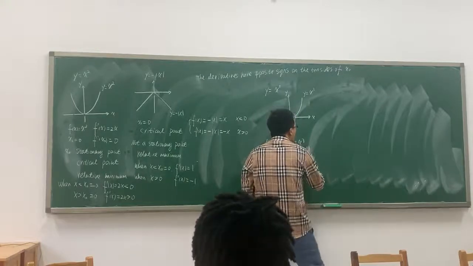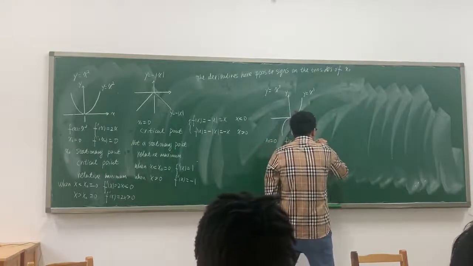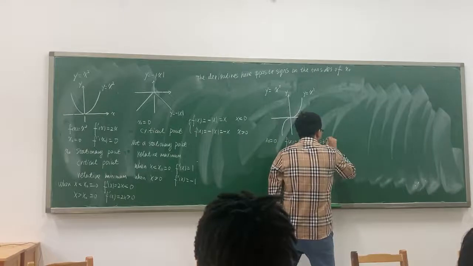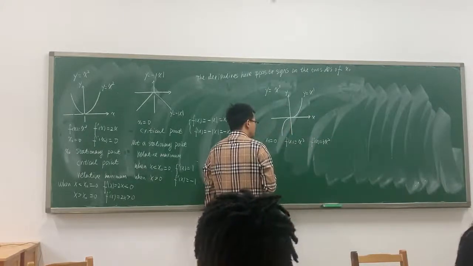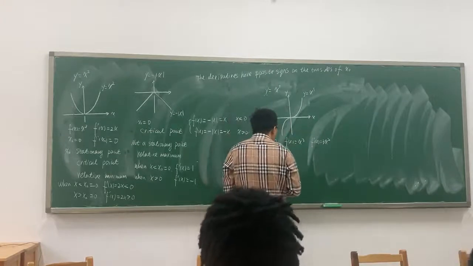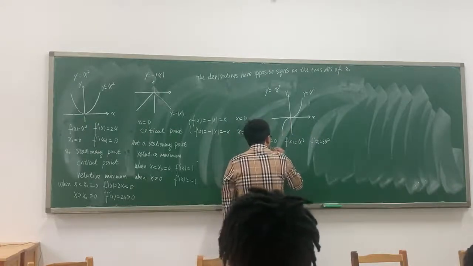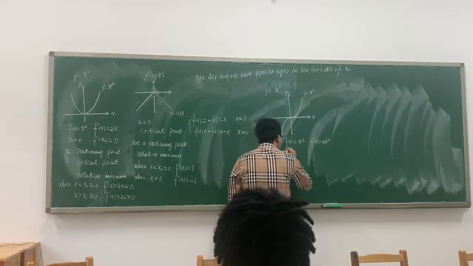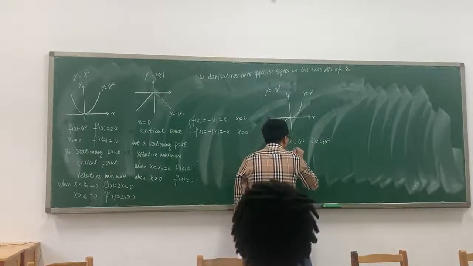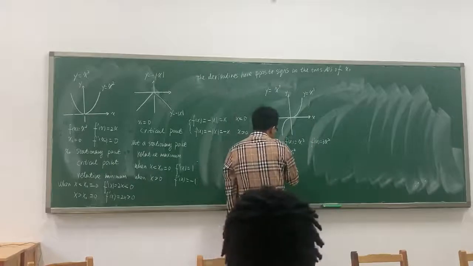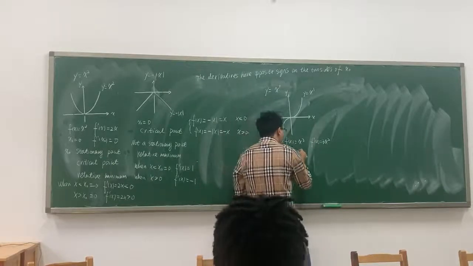So f prime x equals 3x squared. Now we can see f prime x0 equals 3 times x0 squared, and x0 equals 0, so here it is 0.